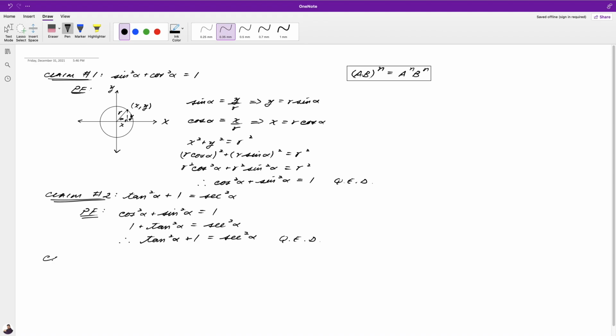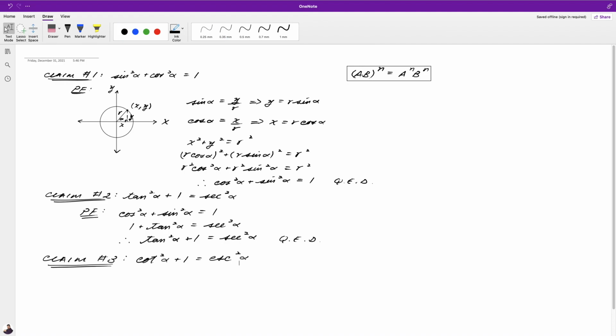We've got our third Pythagorean identity, and these three are really the bread and butter of trigonometry. The third claim is that cotangent squared alpha plus 1 equals cosecant squared of alpha.